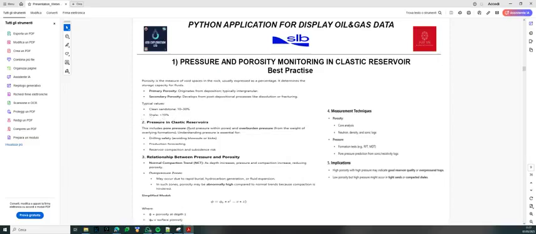So we have pressure in clastic reservoirs. These include pore pressure that can be analyzed also for drilling safety and production forecasting, and reservoir compaction and subsidence risk. That is also more important.